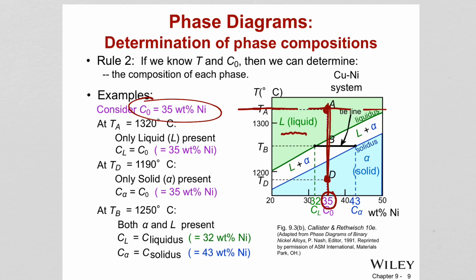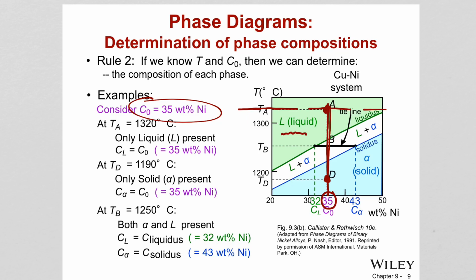That means the composition of the solid is equal to the initial composition of the alloy. So within the alpha phase, 35% of it is nickel and 65% copper.